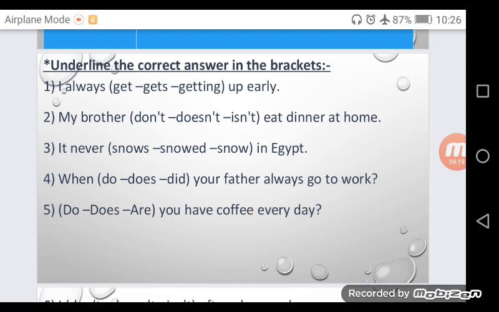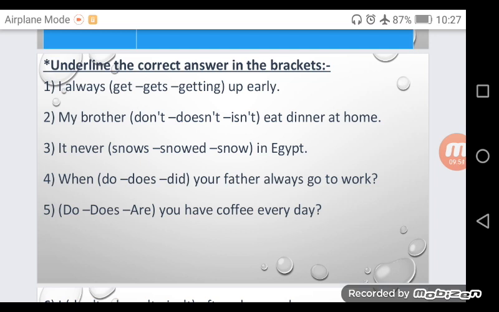Number 2, my brother don't, doesn't, isn't eat dinner at home. Here we have 3 words that tell us about the negative form, don't, doesn't, and isn't. Look at the subject, my brother, singular, so we can use doesn't and we can use isn't.